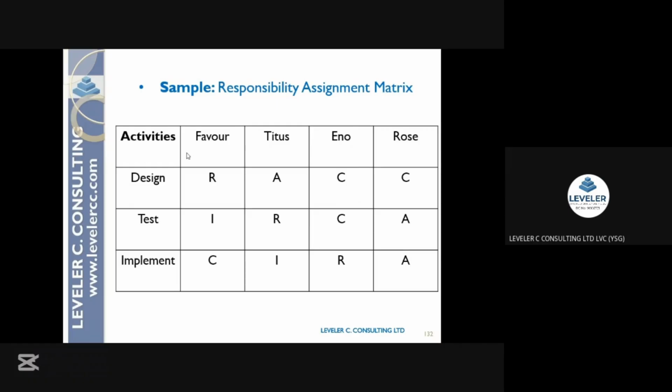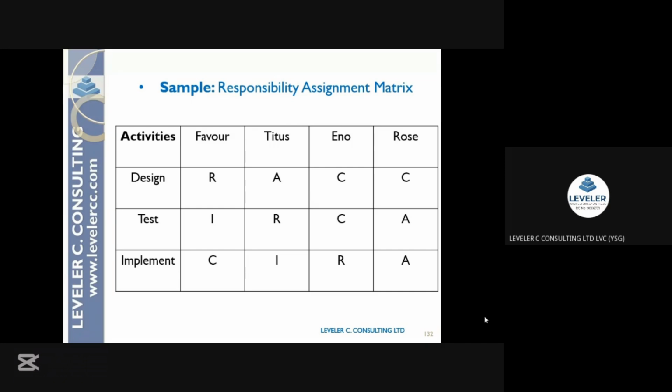We call it a responsibility matrix table. In this matrix table, we have activities. What are the activities we have in this matrix table?